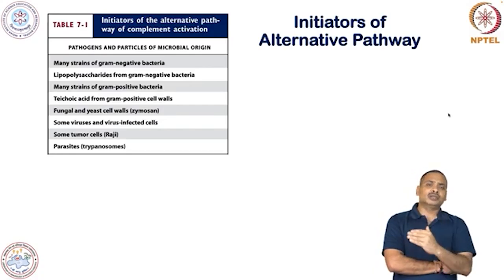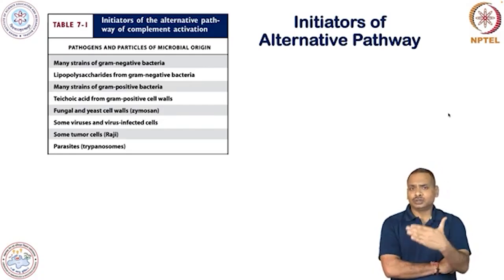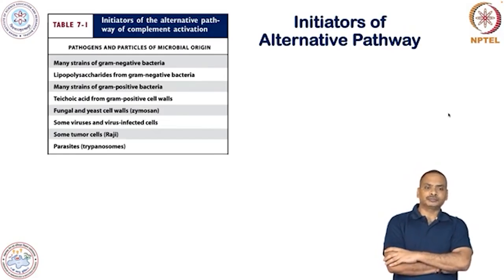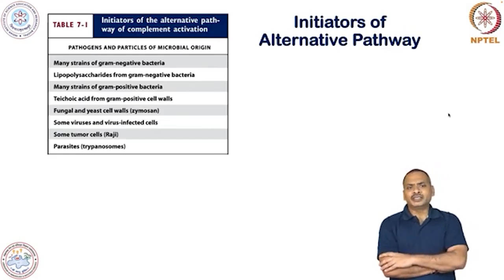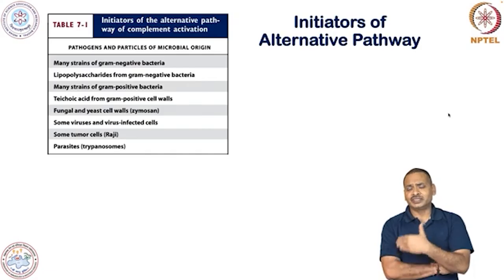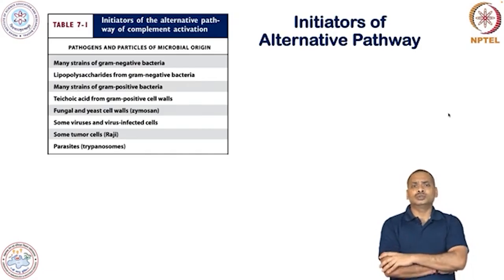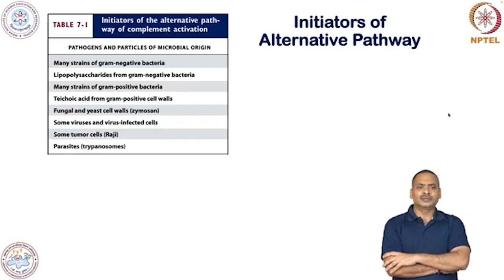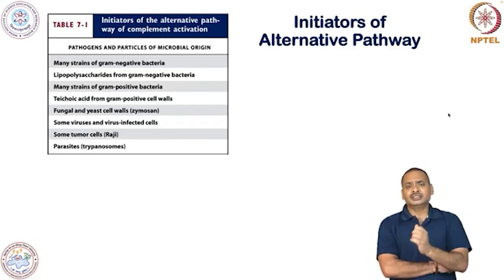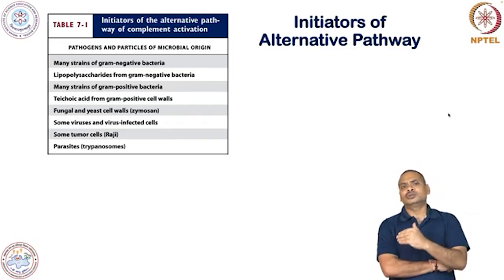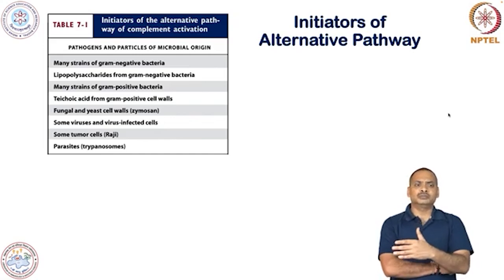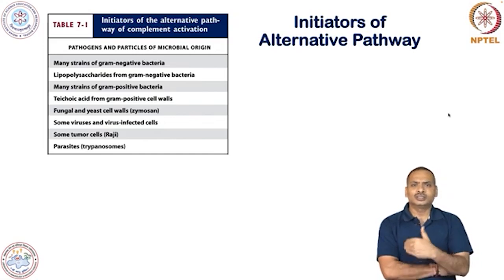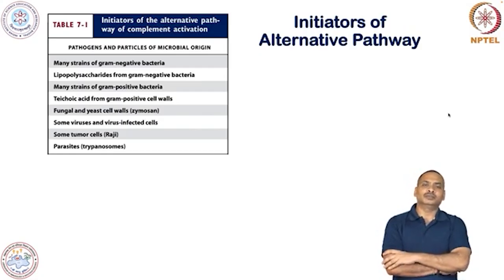So this beta glucan or zymosan can also initiate the alternative pathway. Some viruses and virus infected cells can also trigger it. Interestingly, tumor cells can also trigger the complement pathway, and some parasites can as well.